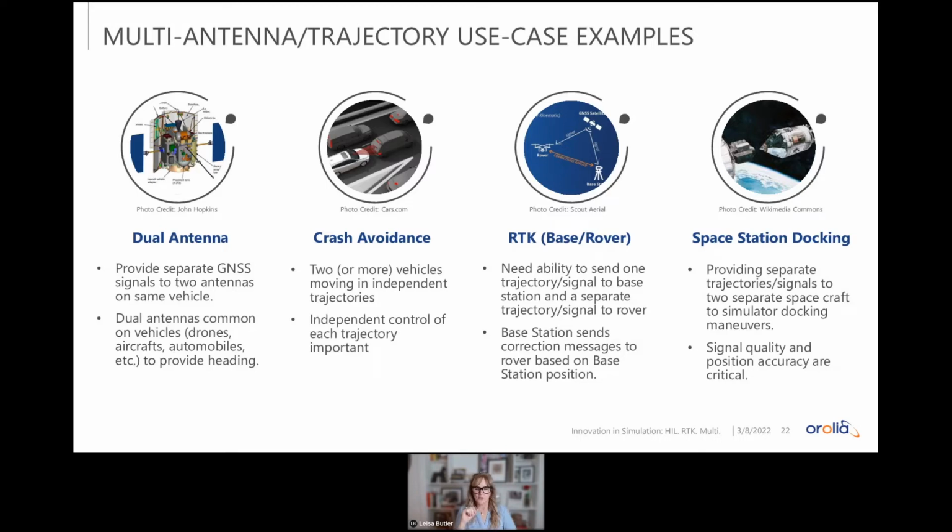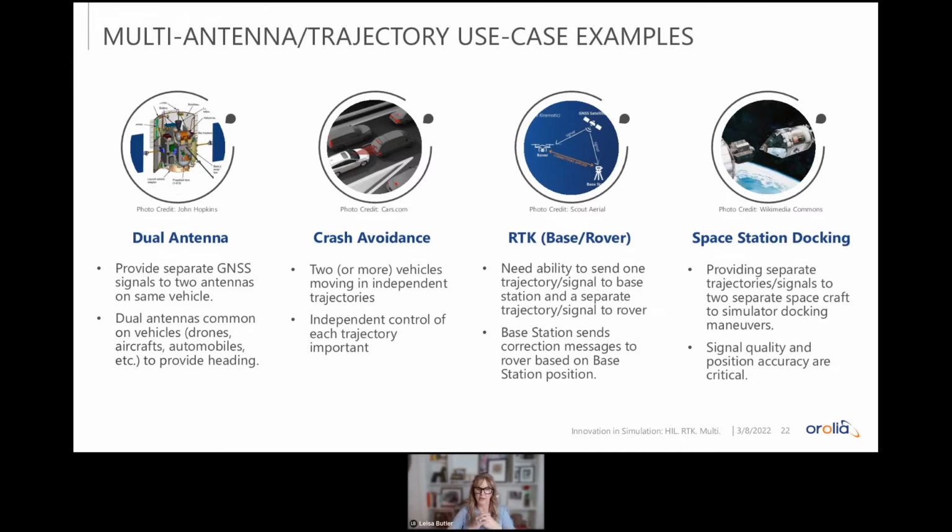There's also, we talked about this in the HIL section, crash avoidance. So you have 2 vehicles driving towards each other, or one stops immediately and the other one's driving behind it. You need to deploy your crash avoidance technology, but you have 2 vehicles driving at different speeds, different trajectories.